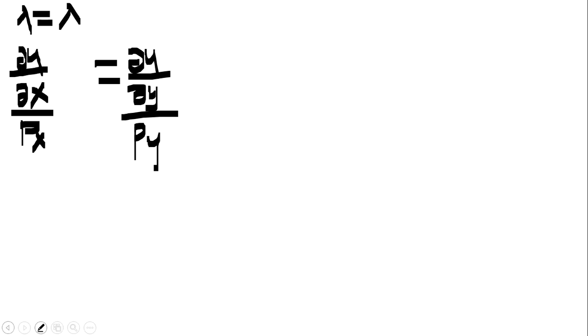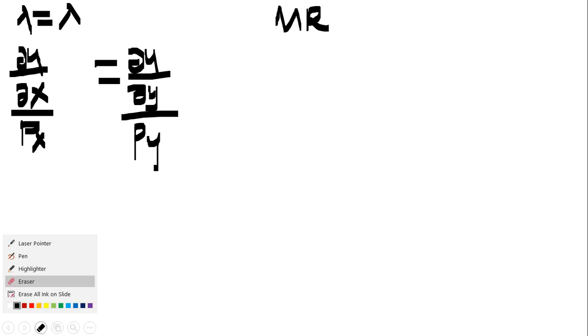When you reach this stage, what we are saying is that, in microeconomics, there is what we call the marginal rate of substitution, since it's under utility.